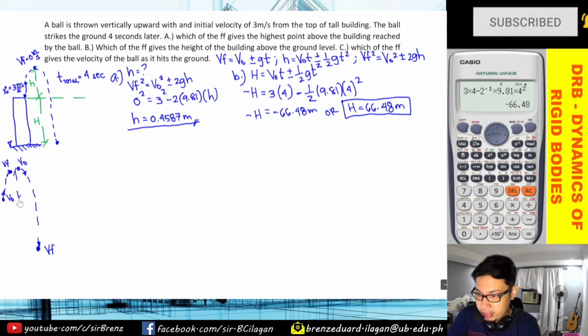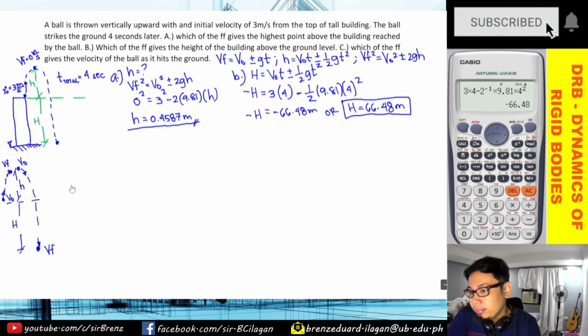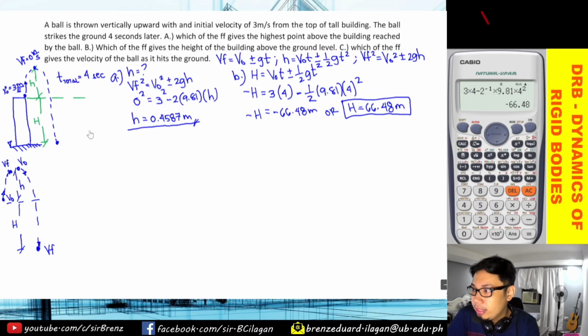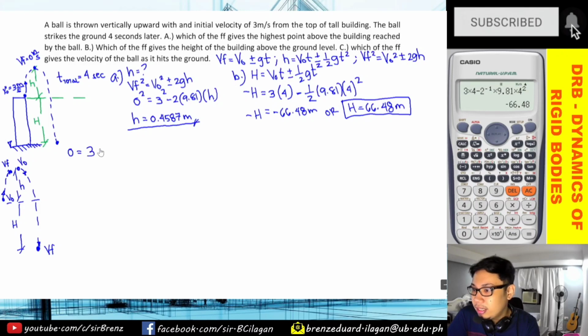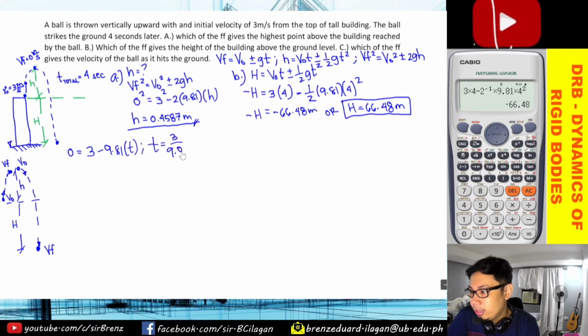So, ito yung small h, and then ito yung capital letter H. So, di ba makakakuha tayo ng time t dito, once it reaches the top, using the first equation. Knowing that yung final velocity mo will become 0 is equals lang sa initial velocity na 3 minus 9.81 times time t. So, yung time required to reach the maximum height is 3 over 9.81.